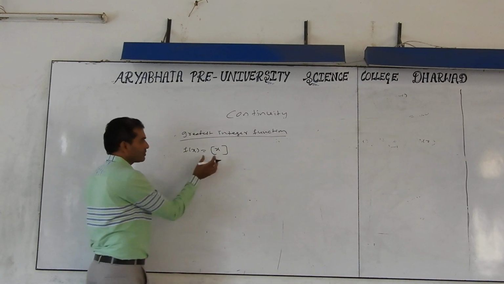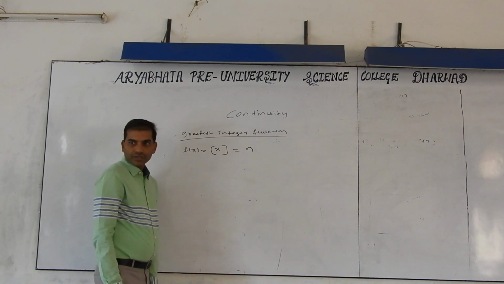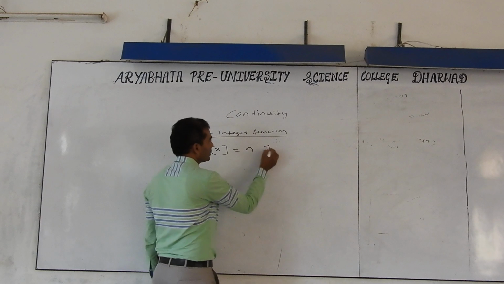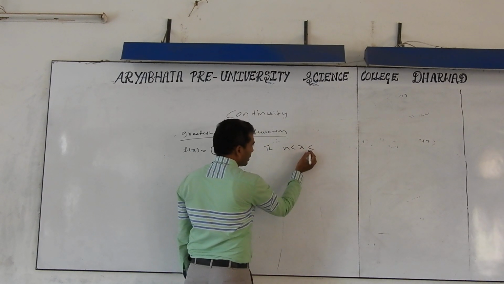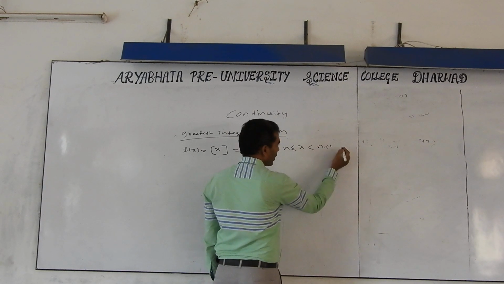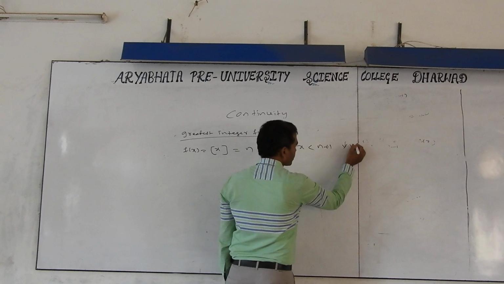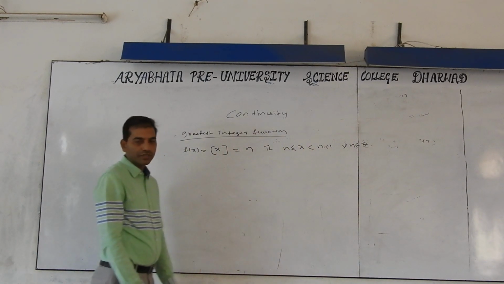Okay, what is the step x value? The output is always equal to n, if x lies between n less than or equal to x less than n plus 1, for all n belongs to Z. N belongs to Z.